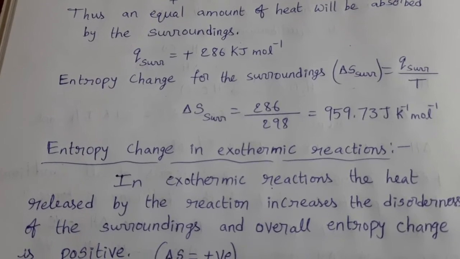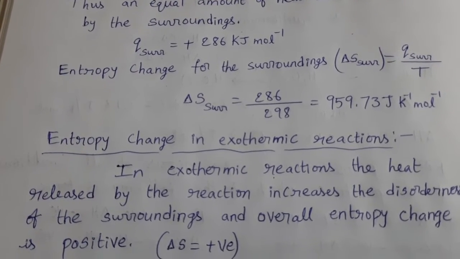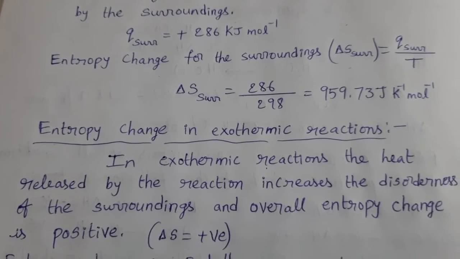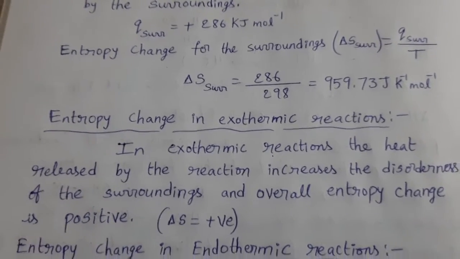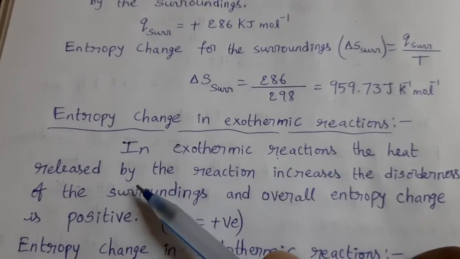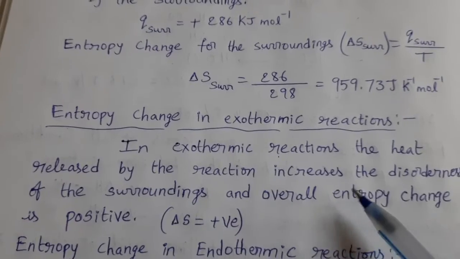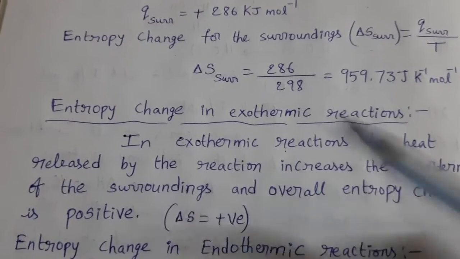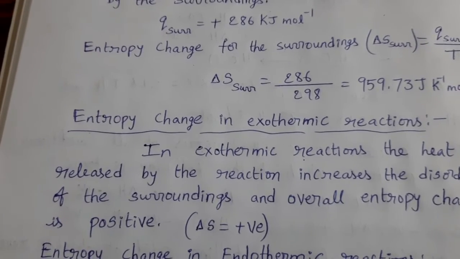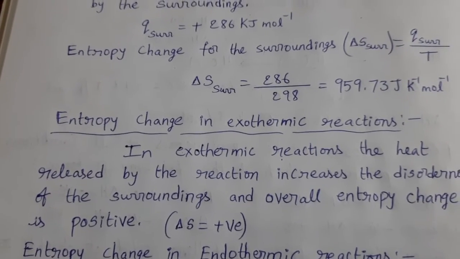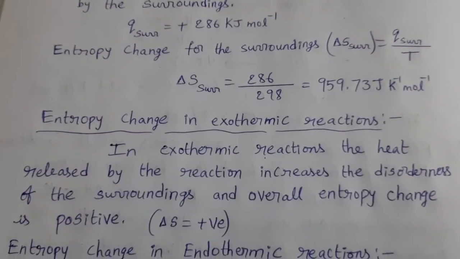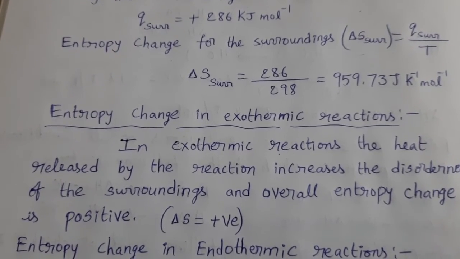Next, entropy change in exothermic reactions. We know that exothermic reaction means heat energy is released during the chemical reaction. In exothermic reactions, the heat released by the reaction increases the disorderness of the surroundings. Heat energy releases from system to surroundings, so surroundings entropy is increased and overall entropy change is positive.